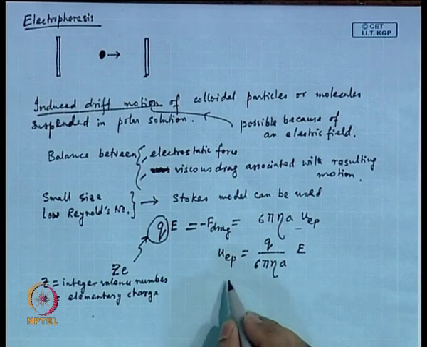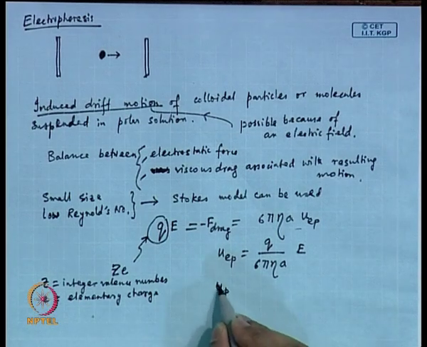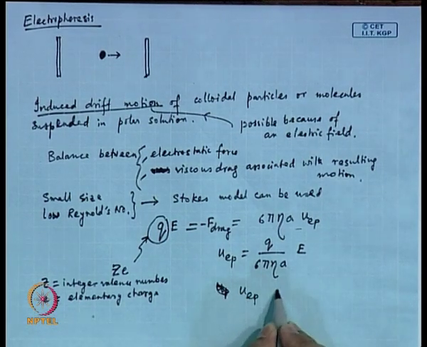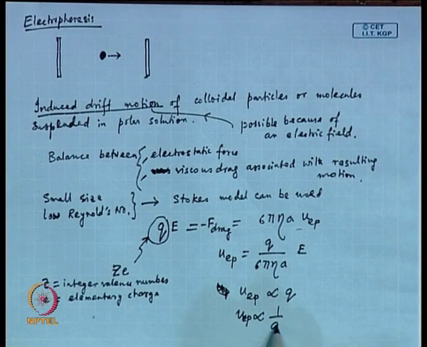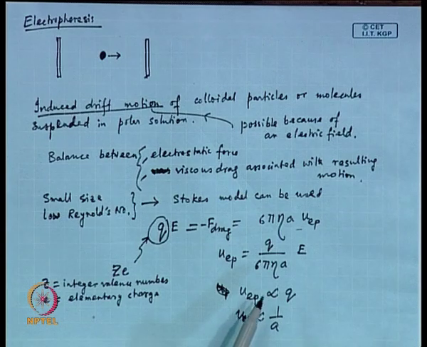So, what does this U E P mean? U E P is proportional to Q and inversely proportional to A. So, this velocity depends directly on the charge. If there is more charge on the particle, then the particle would attain higher velocity, and if there is less charge, it would be moving slowly.